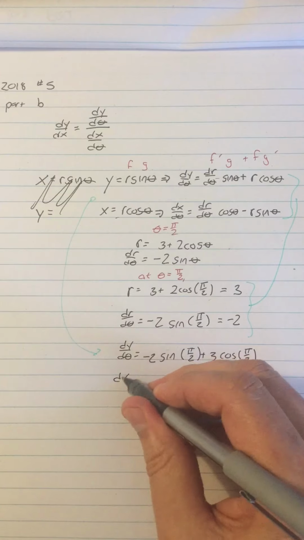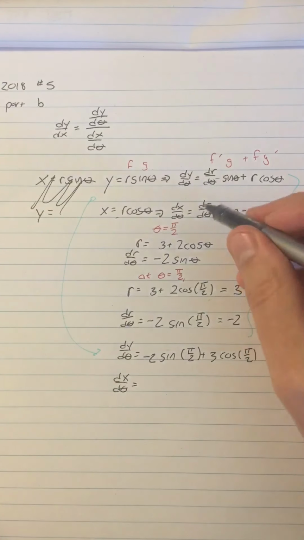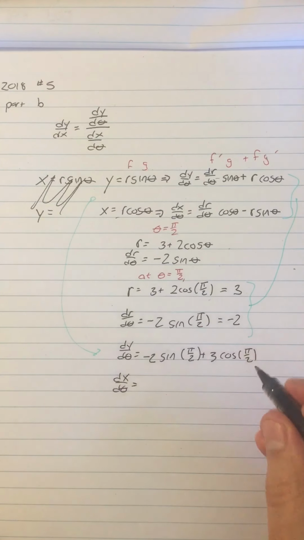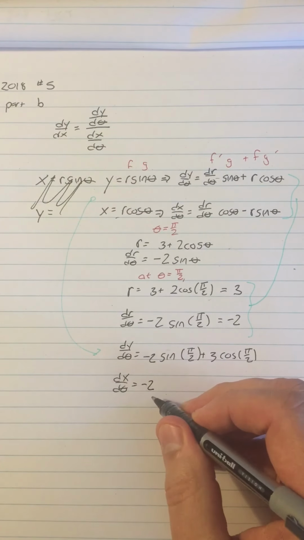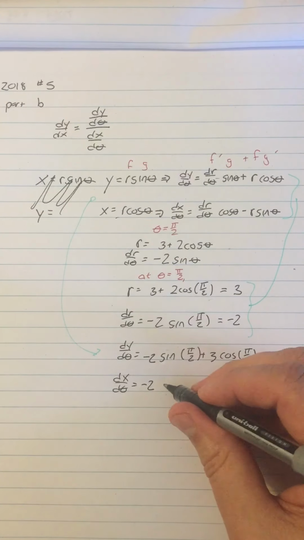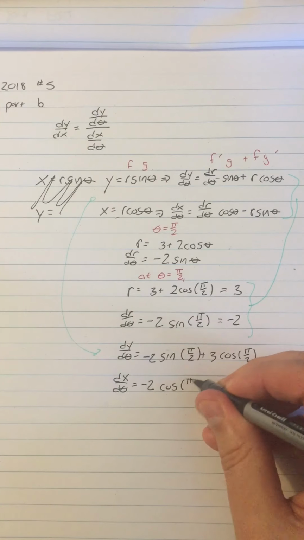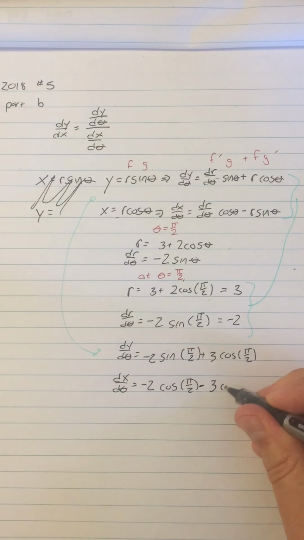And then we can do the same thing with dx d theta. So here's our dx d theta. So our dr d theta is negative 2. And then our cosine theta is going to be cosine of pi over 2. Minus this time our r, which is 3 cosine of pi over 2.